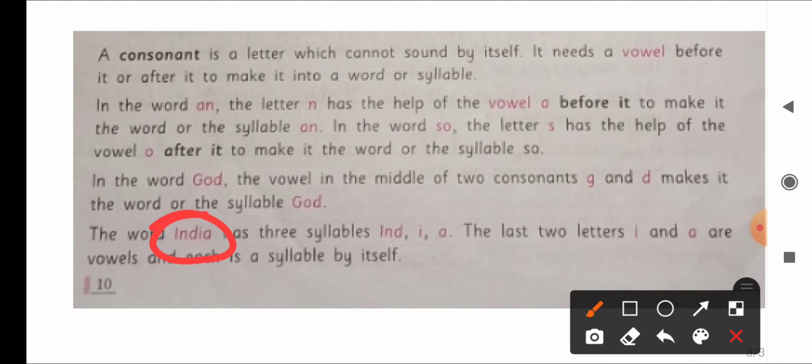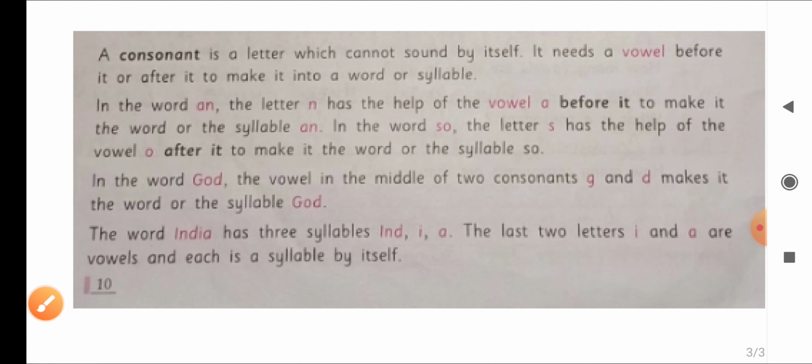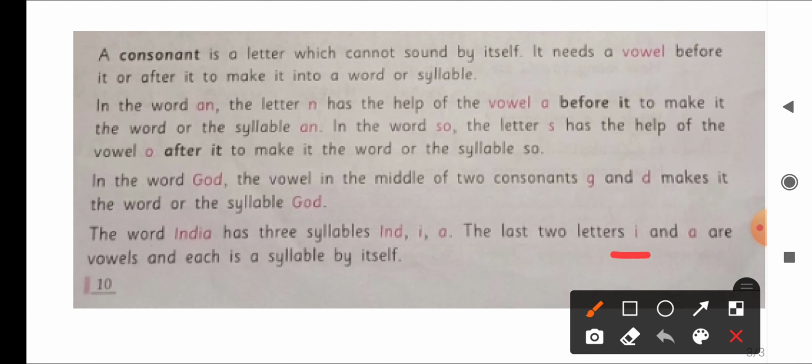It comprises three syllables, that is Ind, I and A. Okay, and here it says that the last two letters, that is I and A, both are vowels and both have their own sound. I, A. So both the letters are syllables.